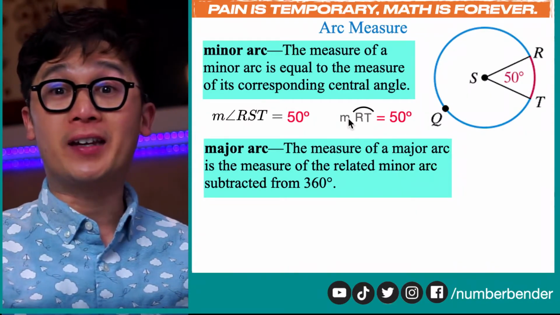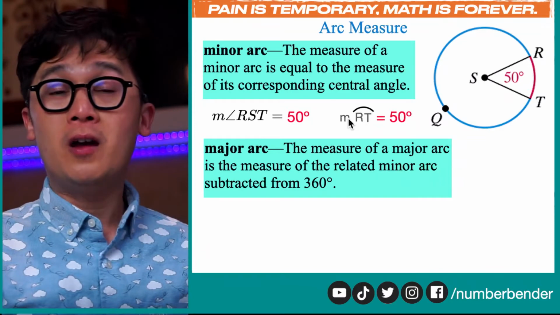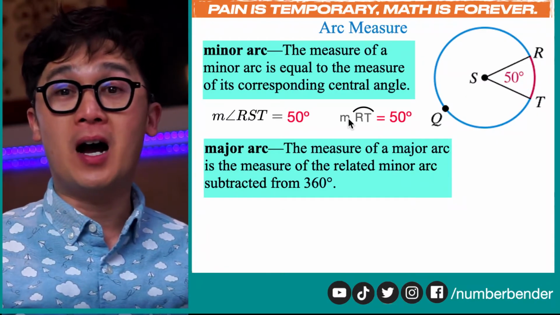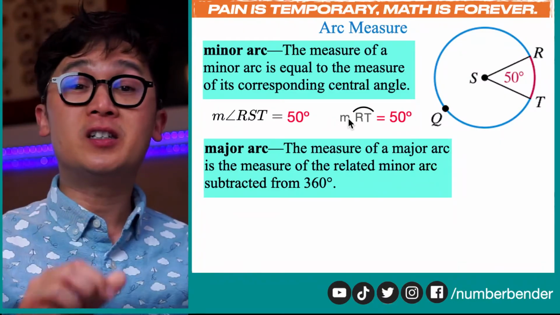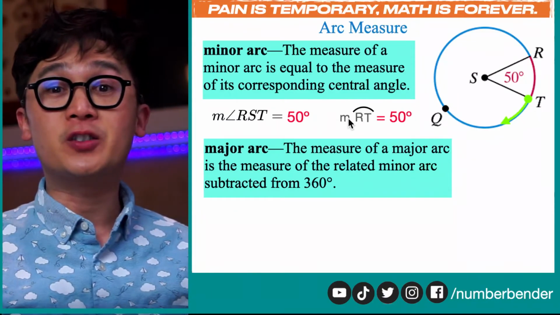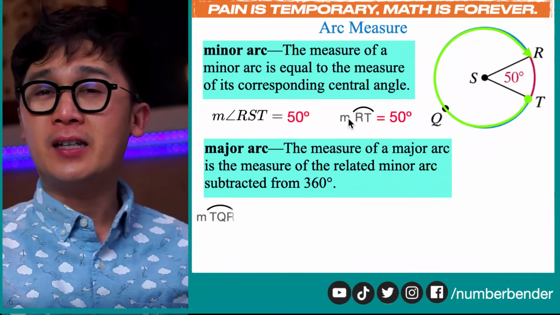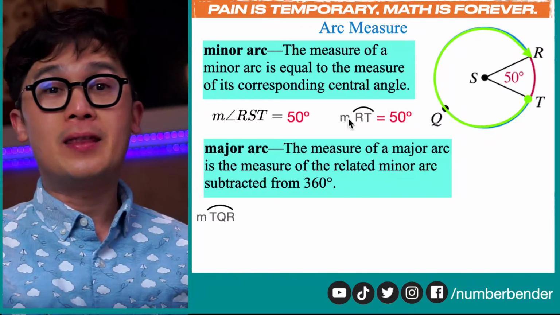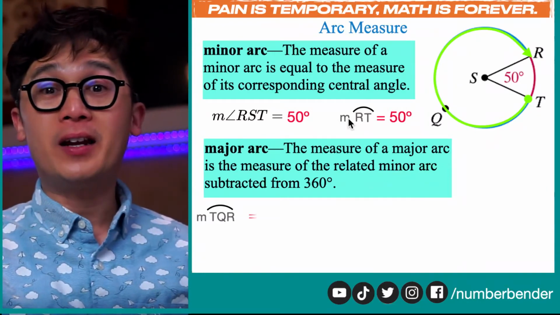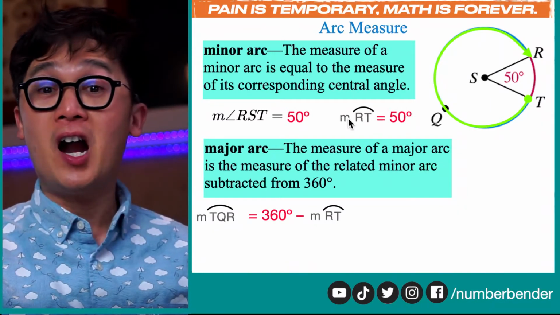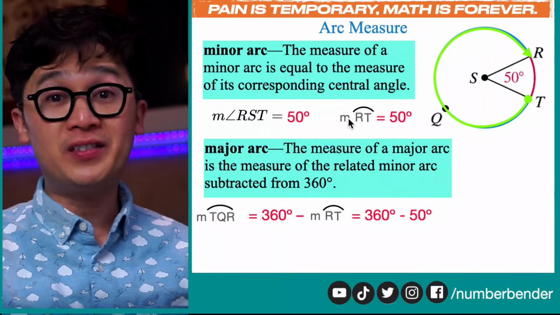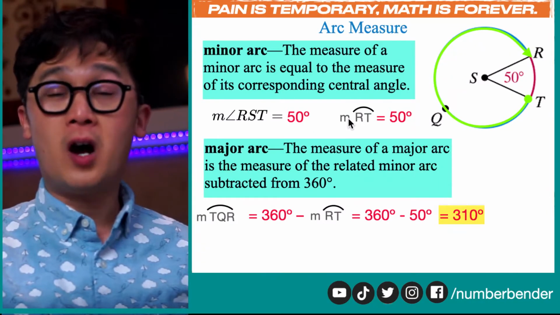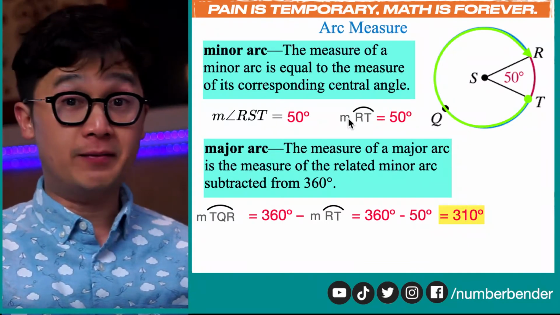To find its measurement, we know that the angle formed by the points around the circle is equal to 360 degrees. So to find the major arc, let's say RQT in this example, or TQR, the measurement of TQR is 360 minus the arc measure of RT, which happens to be 50 degrees. So the arc measure of TQR is 310 degrees.